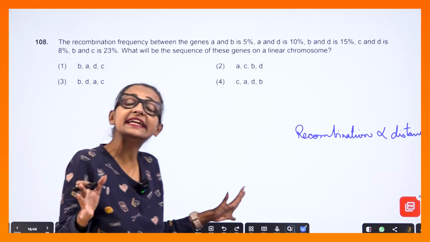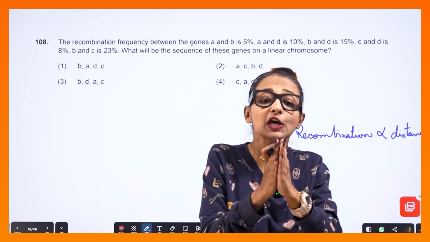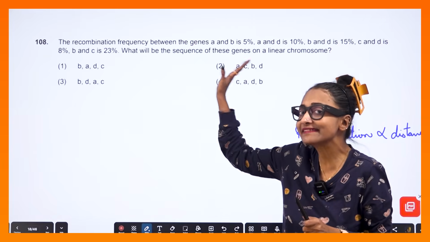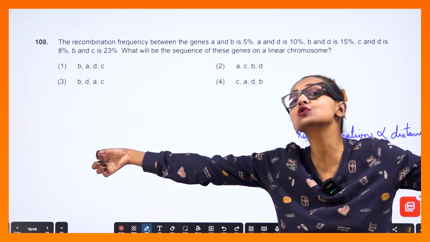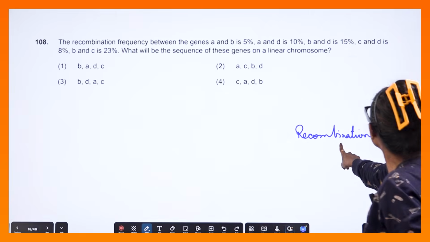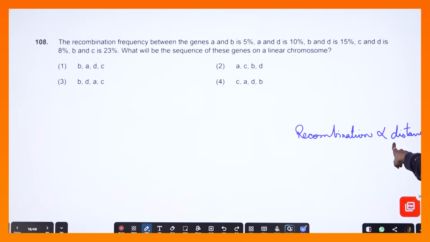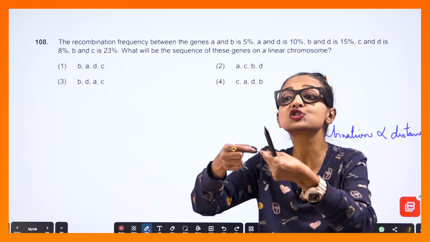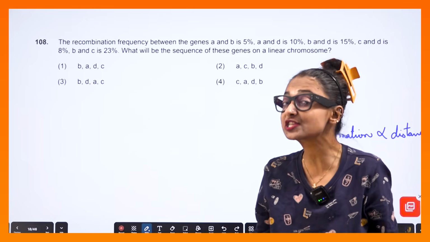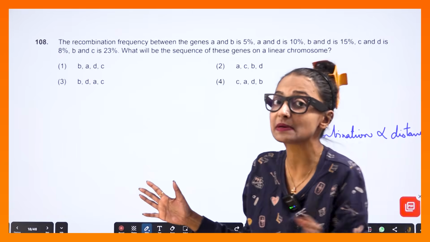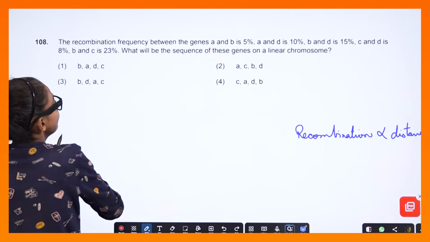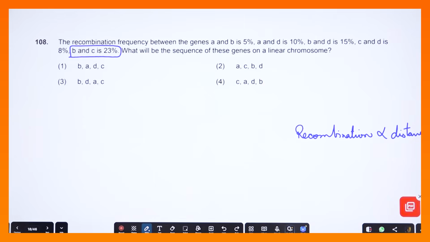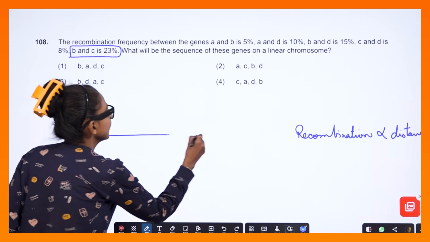The trick is to identify those two genes where the recombination is maximum, because that means those two genes are far apart. So our trick is to identify the two genes between which the recombination is maximum so that they can be placed far apart.